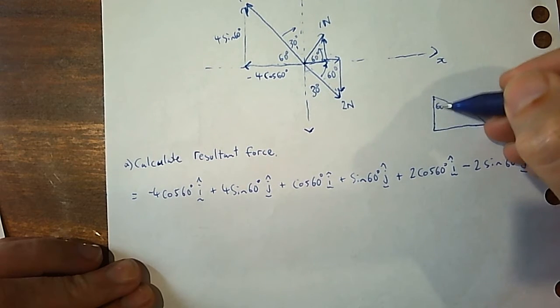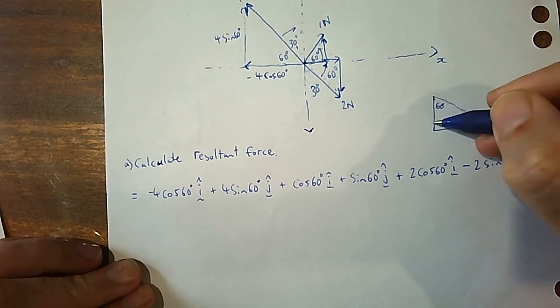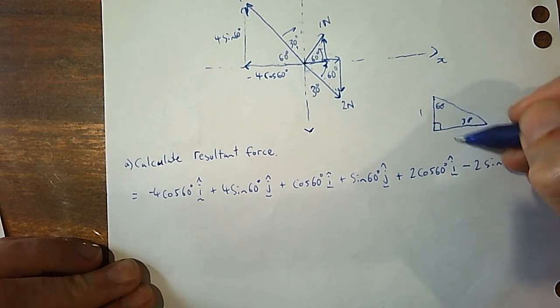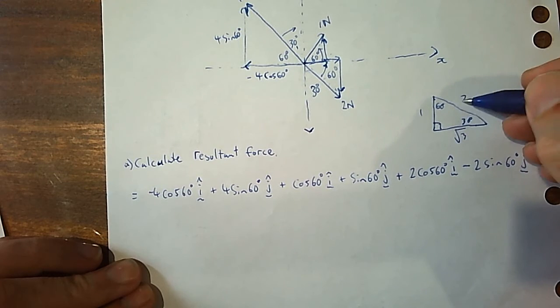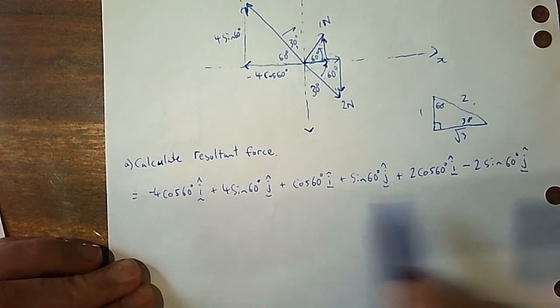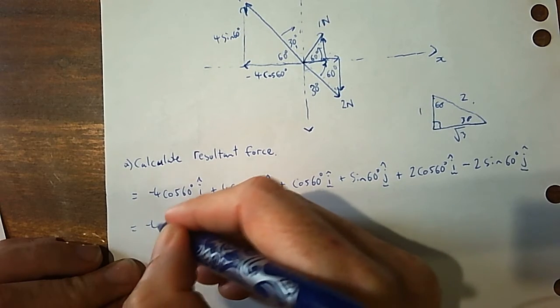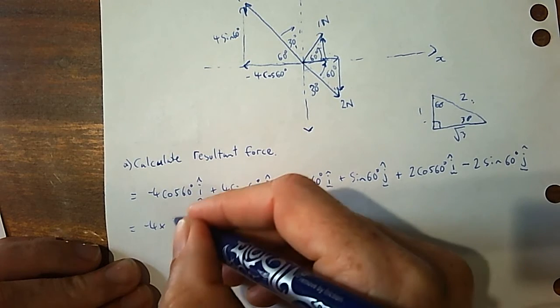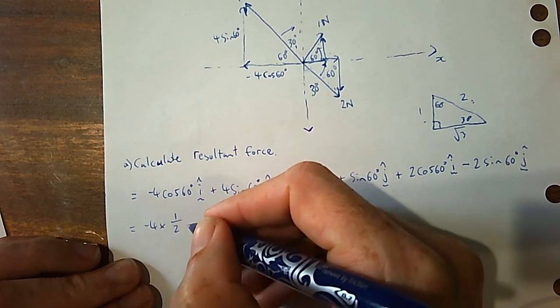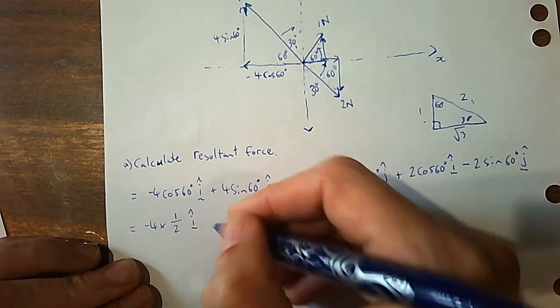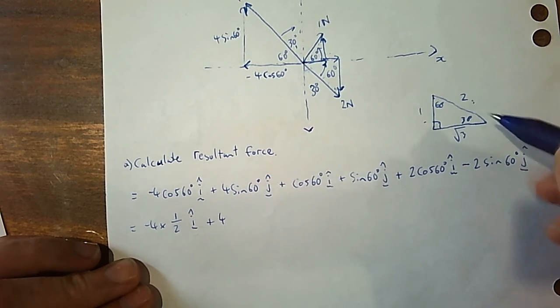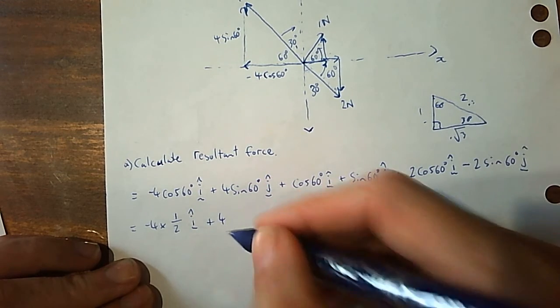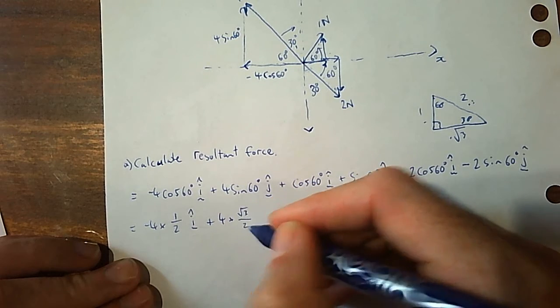Now if I have 60 degrees here, 30 here, opposite the 30 degree angle is the 1, opposite 60 is square root of 3, and opposite the 90 is the 2. I can work out each one of these. So I'll end up with -4 times by cos of 60. Cos of 60 is equal to adjacent over hypotenuse. So we end up with a half times, that's my I component, plus 4 times sine of 60. So it's opposite over hypotenuse, so it's 4 times the square root of 3 on 2.